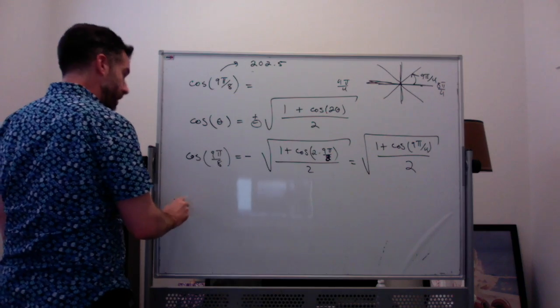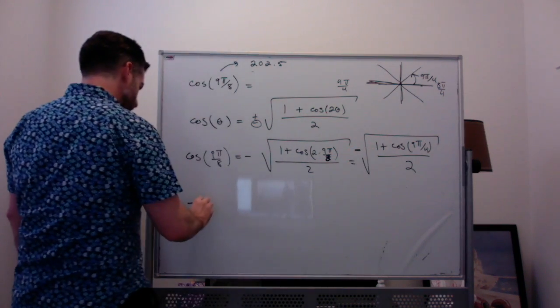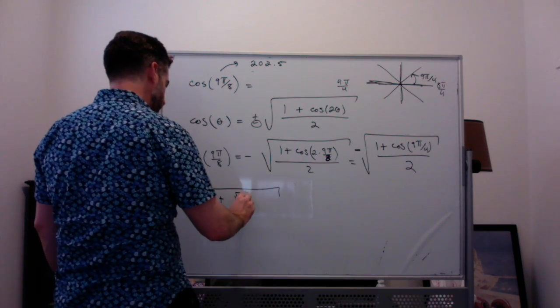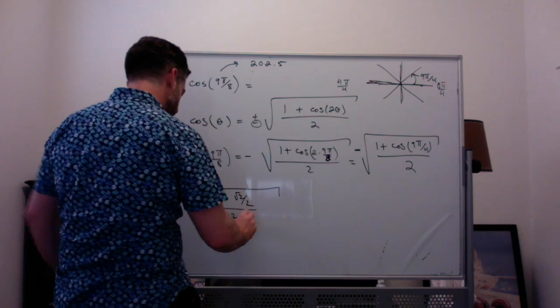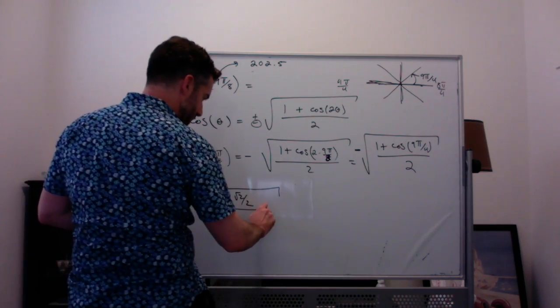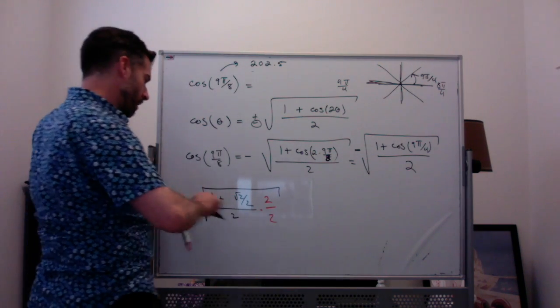This is going to look like negative, so I forgot the negative here: negative square root of 1 plus positive root 2 over 2, all over 2. And then again, these simplify the same every time. We multiply the insides by 2 over 2. We distribute the 2 on top.